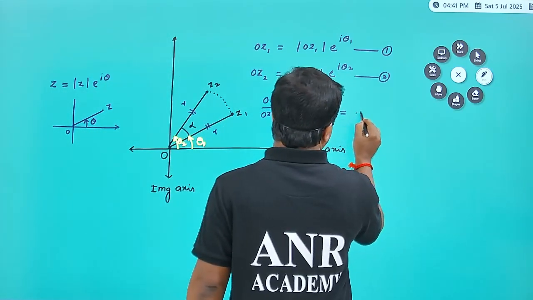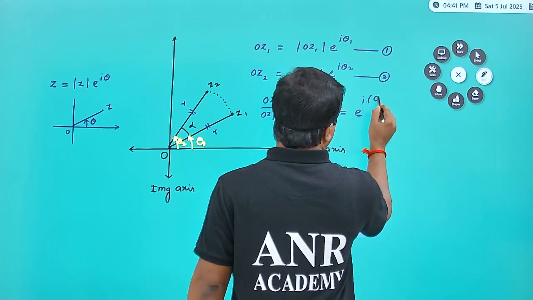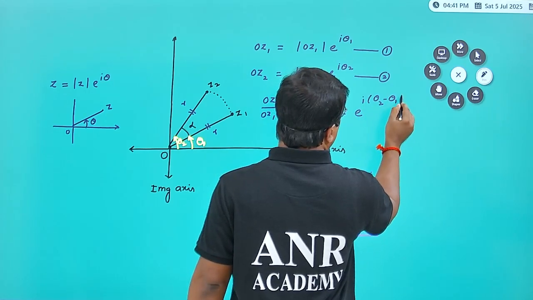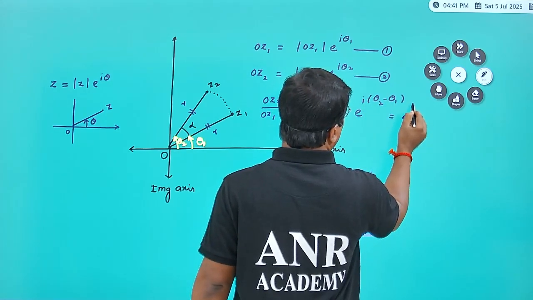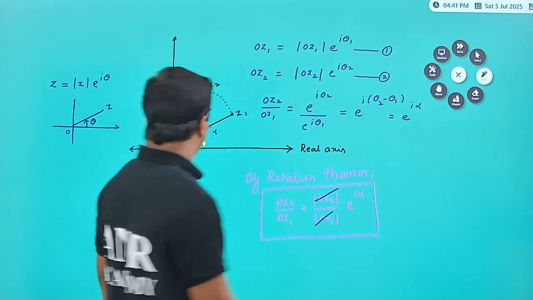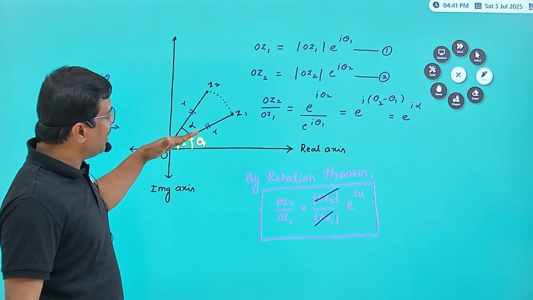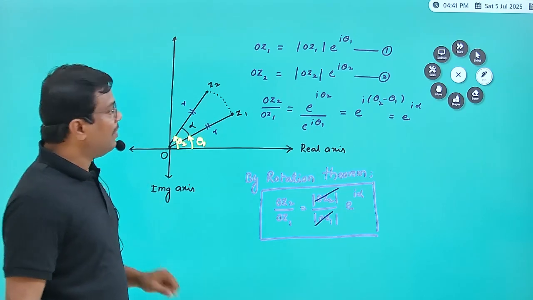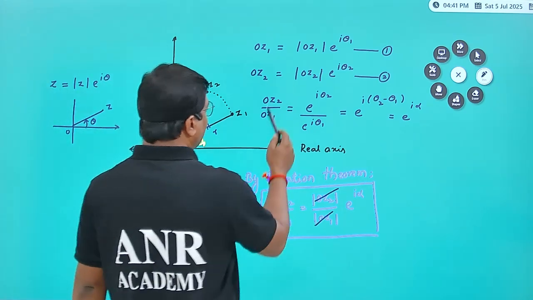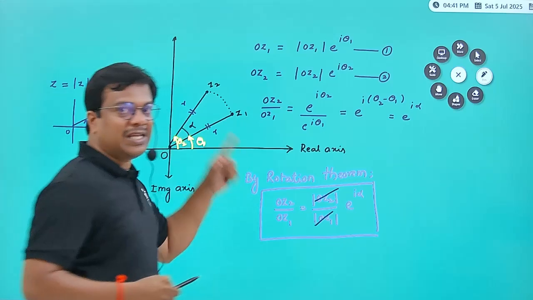Therefore, it is e power I (theta 2 minus theta 1), that is e power I alpha. Observe the figure. From the entire angle theta 2, if you remove theta 1, you will get the angle alpha. So you got the result OZ2 by OZ1 equals e power I alpha.